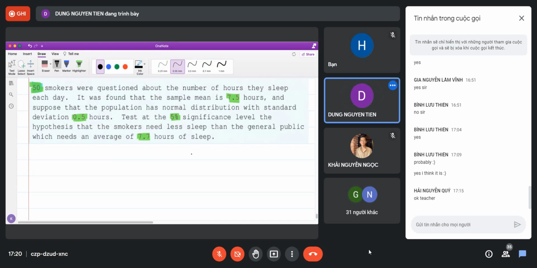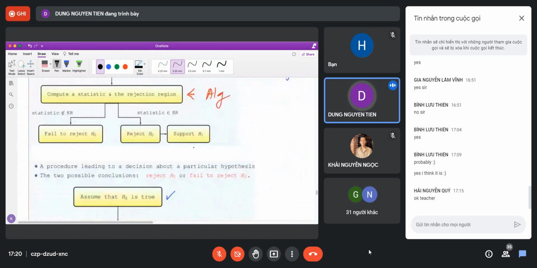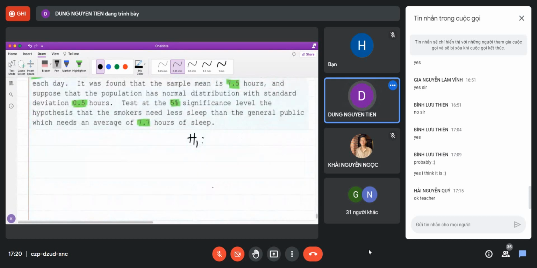Now, what is the alternative hypothesis? You need to remember that you can only support the alternative hypothesis. All right. So what is H1? Tell me, please. What is H1?